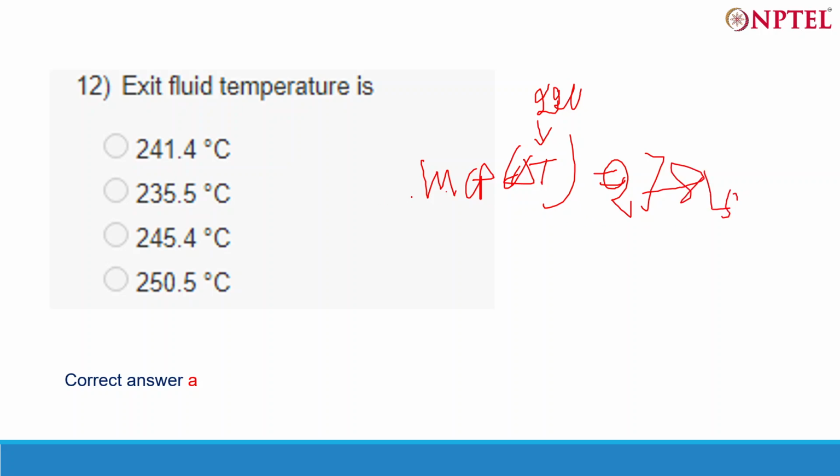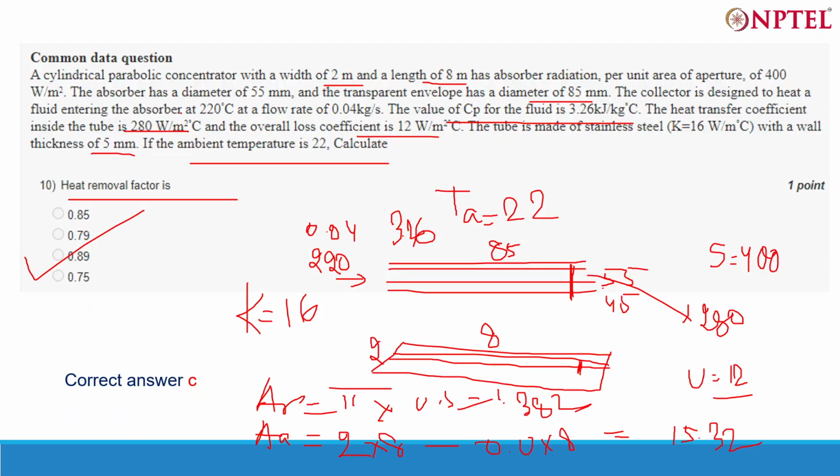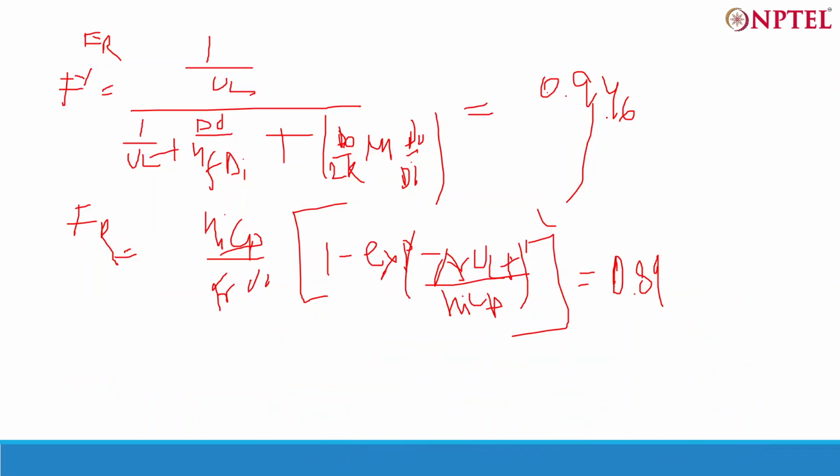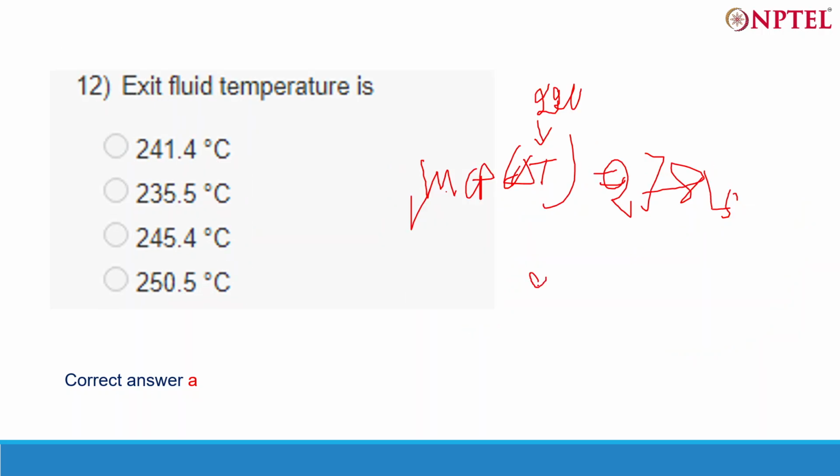So put the values here: m is 0.04, you know the Cp value of the fluid, and the entrance temperature is 220. Put the values and you will get 241.4 as the fluid exit temperature.